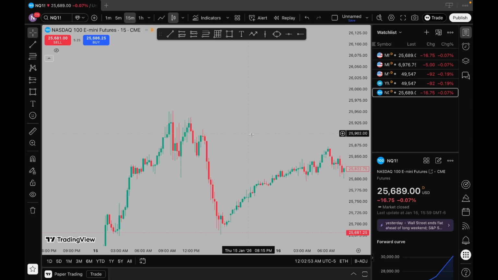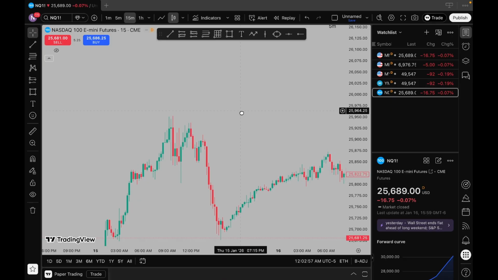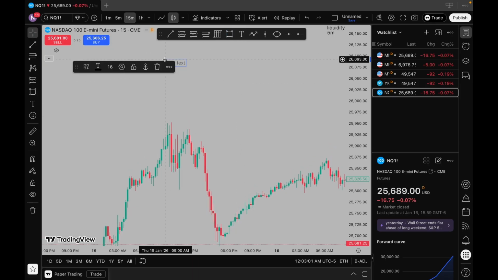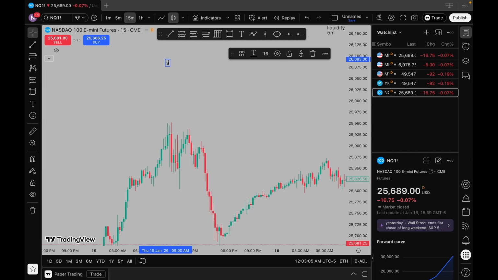But the way you mark off your demand zones or your supply zones, this is how you're going to do it. So supply zones are located at resistance, right? And you identify it by the candle that causes the move.